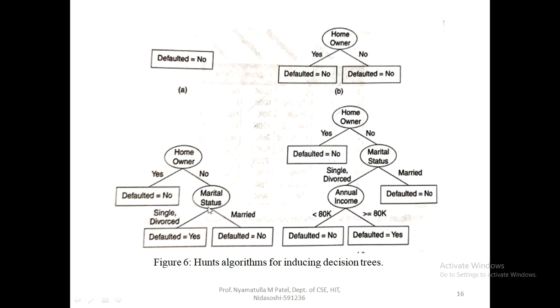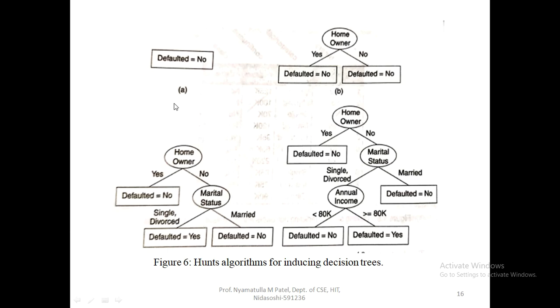I am checking whether he is married, single or divorced. If he is married, the defaulted condition is no, whereas if he is single or divorced, default is yes. So these are the different conditions over here.